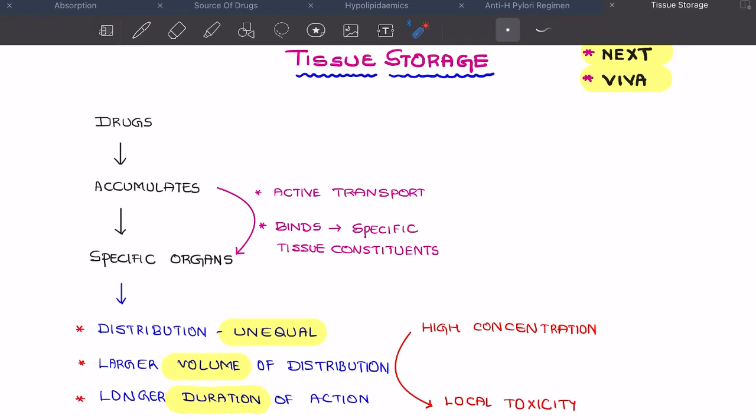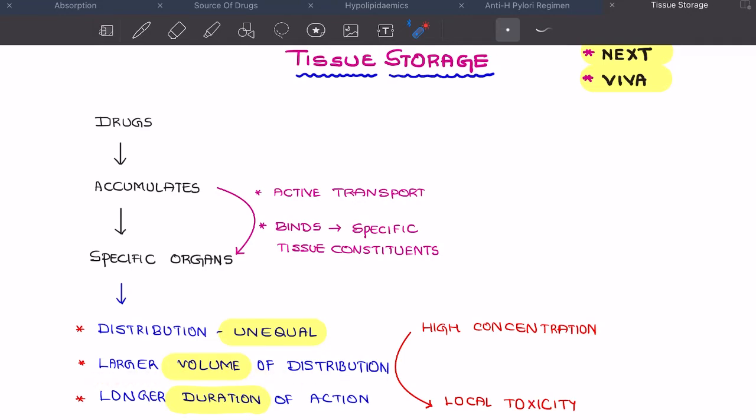Once it gets stored in the specific organs, please remember such drugs will have unequal distribution. There will be an unequal distribution of the drug concentration, as well as a larger volume of distribution.